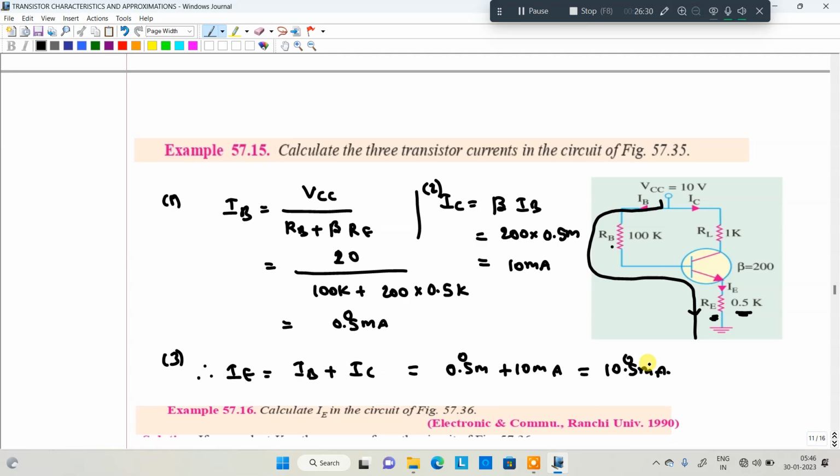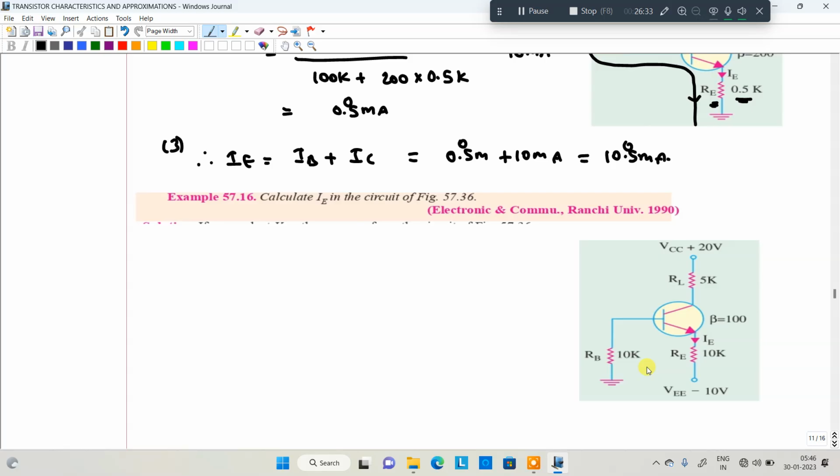Okay, that is about the solution. One more problem you have to look into, then we will get the complete idea about the beta rule. So in this particular case, calculate the IE in the circuit. Where is IE? This is the IE, right? So IE is equal to VEE divided by RE plus, in this particular case, I am going to apply the path for the IE value.